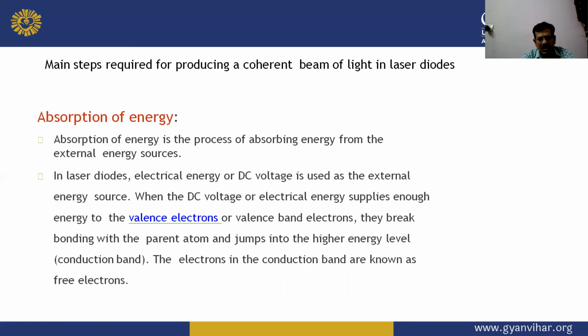When the DC voltage supplies enough energy to the valence band electrons, they break bonding with the parent atom and jump into the higher energy level, the conduction band. The electrons in the conduction band are known as free electrons.